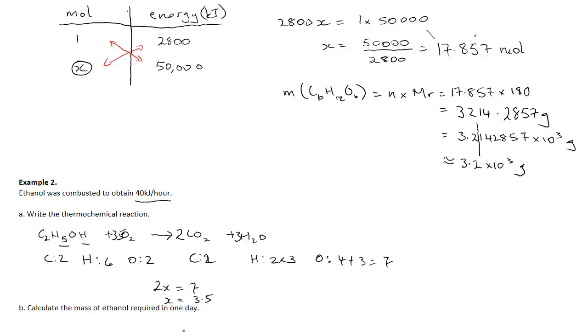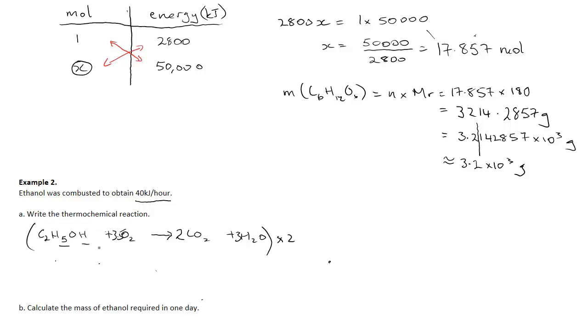I'm going to multiply this entire equation by 2, because I can't keep my equation with half of a molecule. It just doesn't make sense to have half of a molecule.